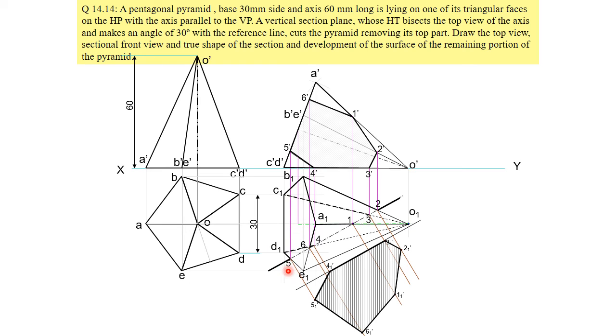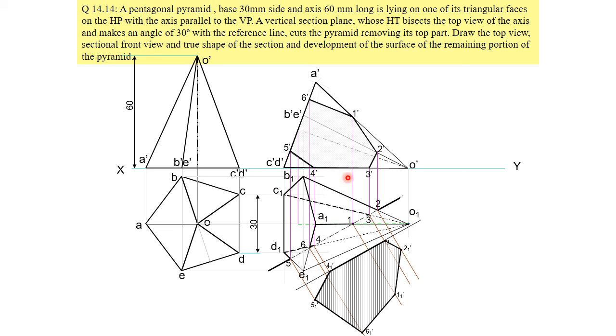Then what you need to do is take 5 from here and measure the distance, one perpendicular from xy passing through the 5 dash. This is one perpendicular from xy to 5 dash; mark it over here.